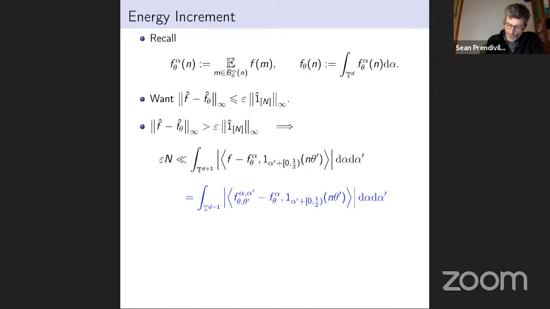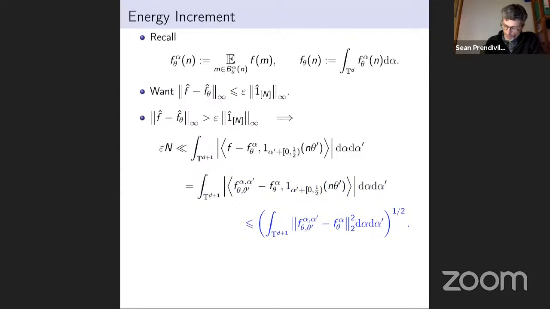But what have we got? Because these are constant on these atoms, we can replace f by its average on the atoms. Now we're going to crash through with absolute values and the Cauchy-Schwarz inequality to forget about this function here.